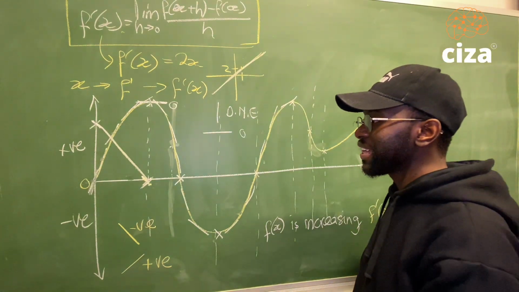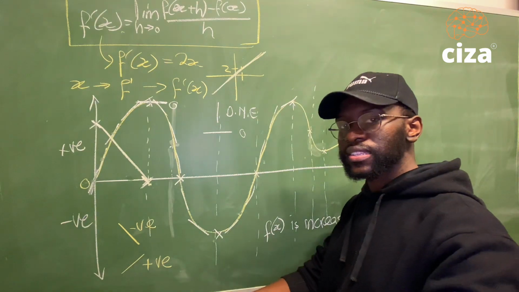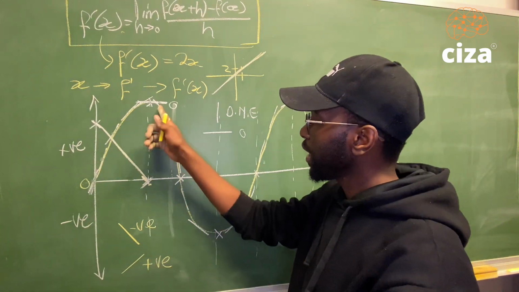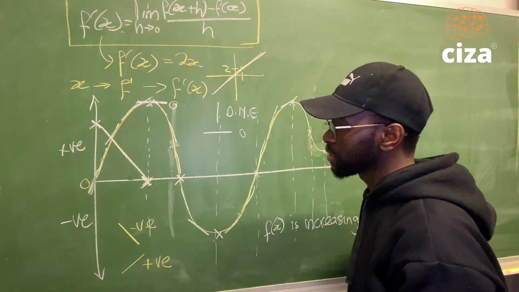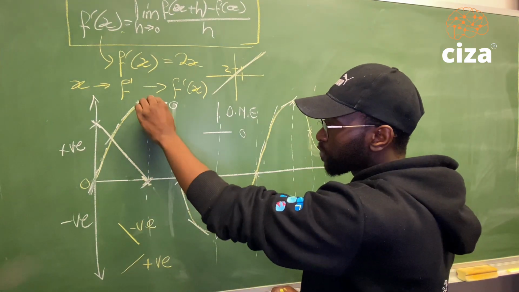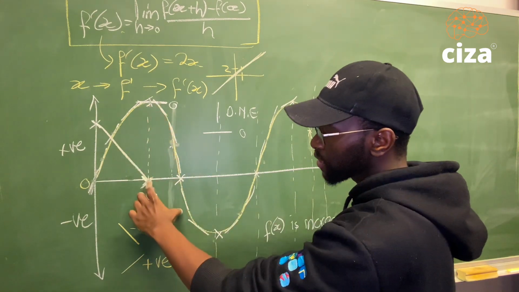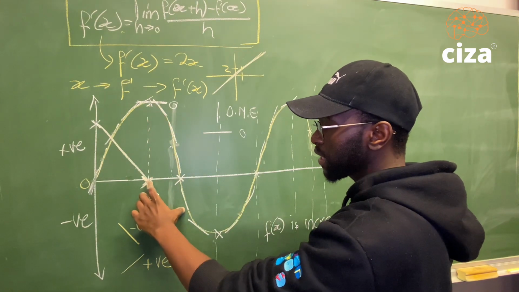That would mean that our derivative function, which represents the gradient of a function at certain points, will now be negative, because the gradients of the tangents are negative, so the function of the derivative also will be negative.